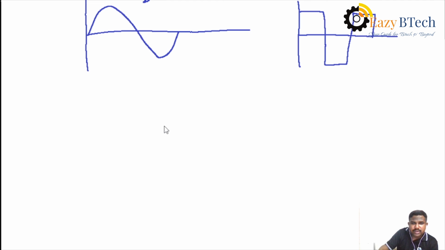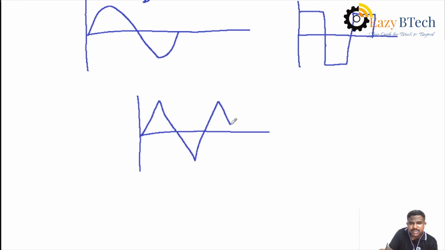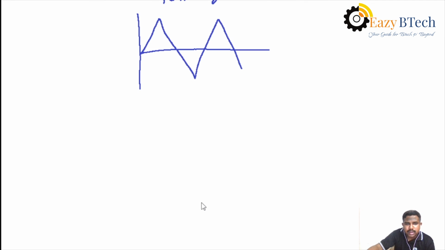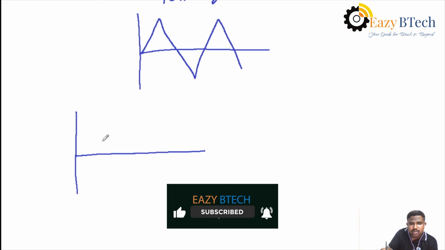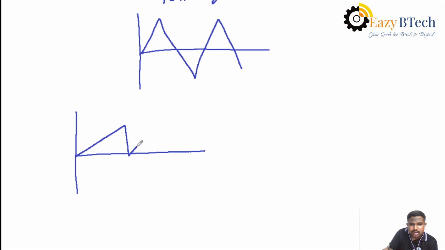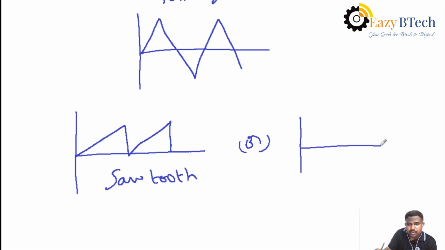Or we also have this, which is called triangular waveform. Or in most of the problems, the waveform also given, the most important waveform, is this, called sawtooth waveform. So the same waveform you can also write down like this.